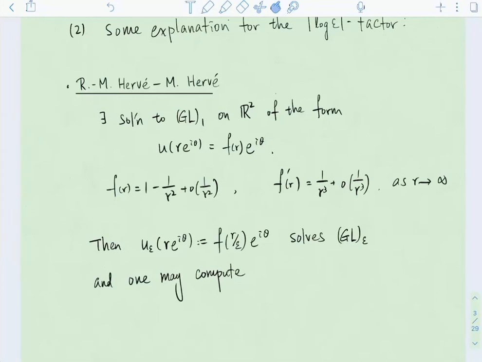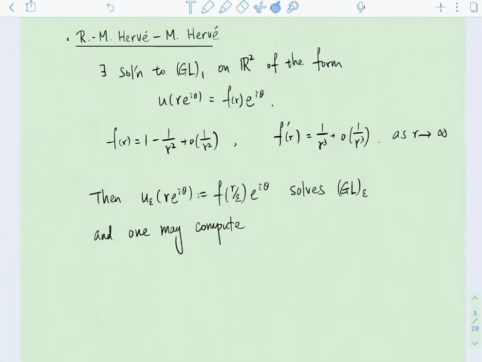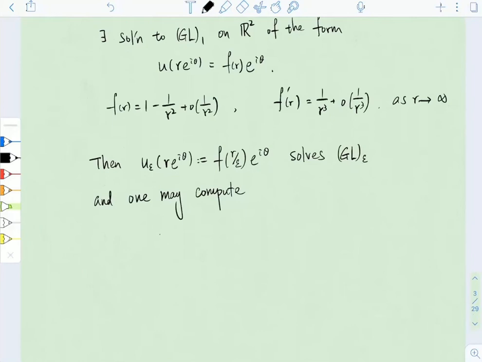Okay, so with this in mind, if you now rescale u by squeezing everything towards the origin, that is, you let u sub epsilon be this in terms of polar coordinates, then it solves the Ginzburg-Landau equation with parameter epsilon, and you can compute that the Ginzburg-Landau energy for u epsilon on a disk centered at the origin is, well, the leading term is precisely pi times log epsilon, and then you have some lower order term.